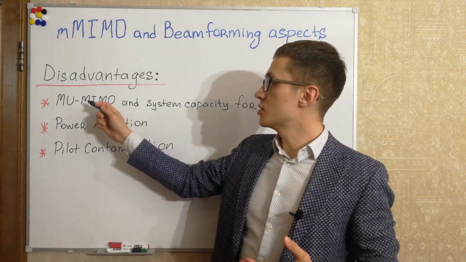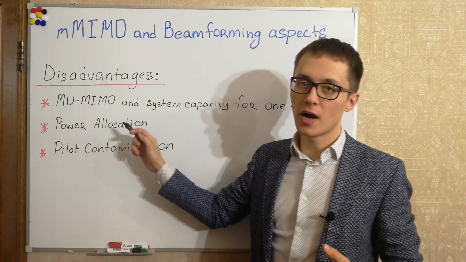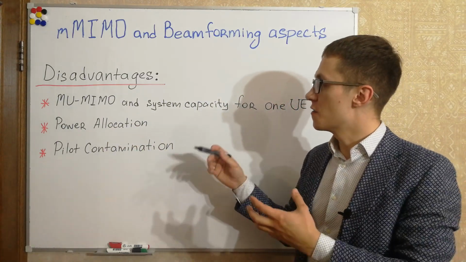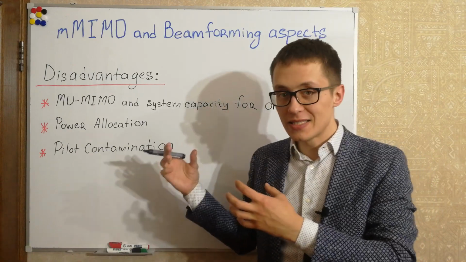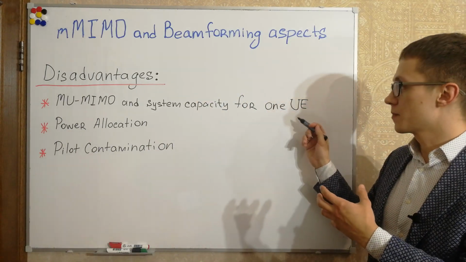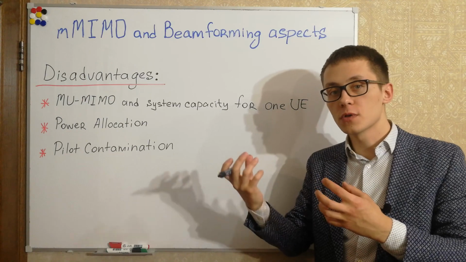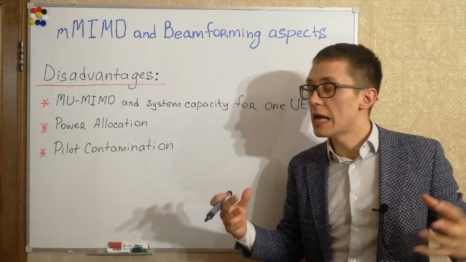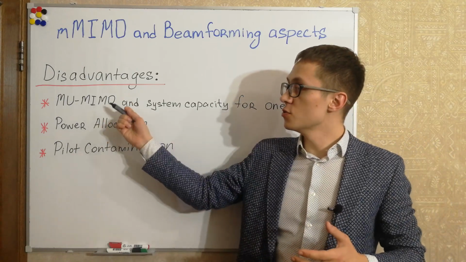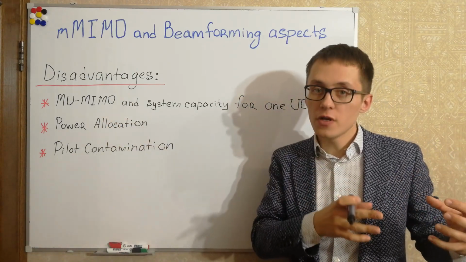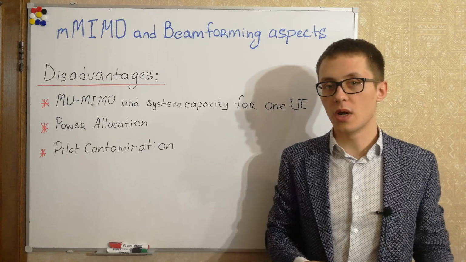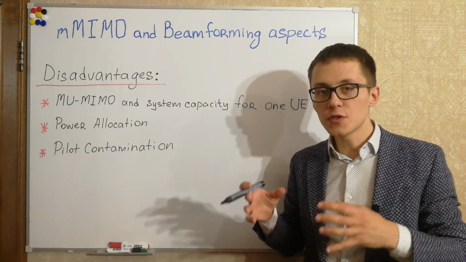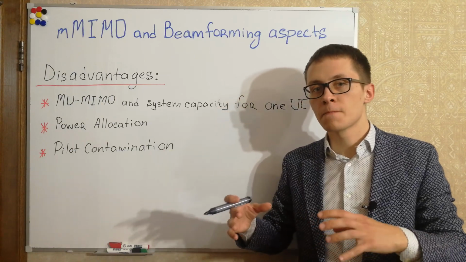So first of all, I would like to talk about multi-user MIMO mode, because for such a mode, the capacity for one user will not grow as fast as the capacity of the whole system. I mean that multi-user mode can be very good for enhanced mobile broadband traffic, for hotspots, for dense urban applications, yes?